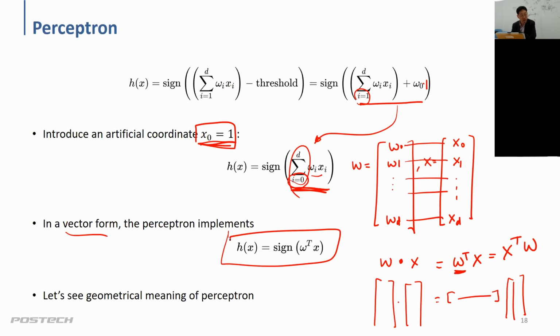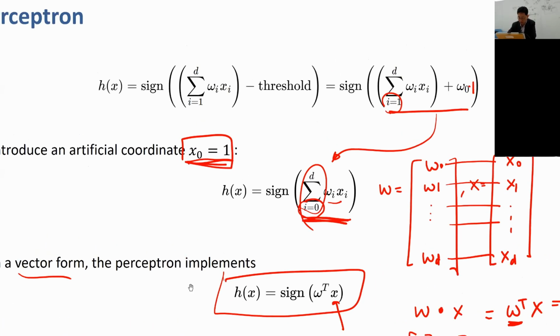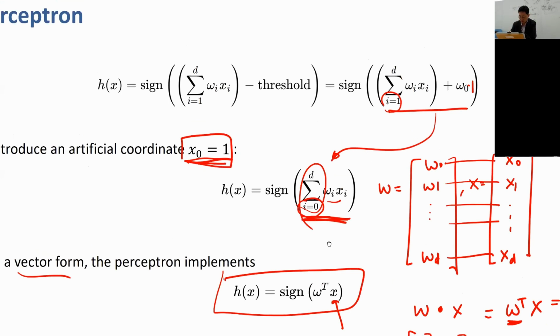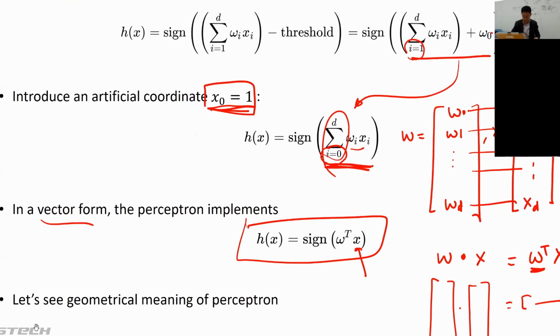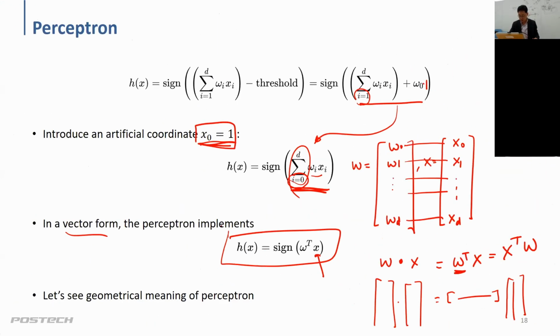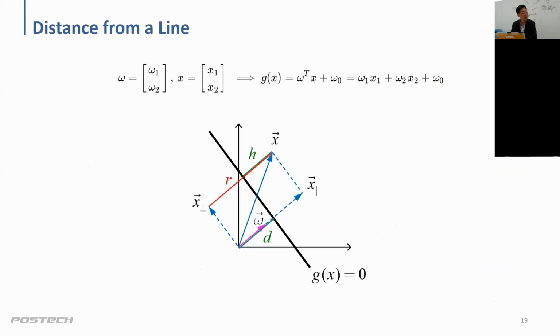So that's the perceptron. We want to know, X is the input and Y is the output. And what I want to do is to know the proper values of omegas.